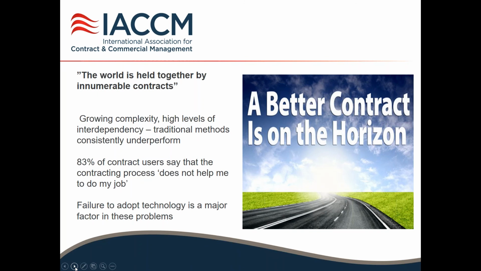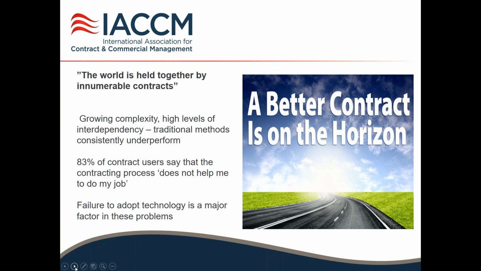There are a couple of big reasons for that. One is certainly that the users of contracts today can't actually understand them. Some 88% of contract users say that they find contracts difficult or impossible to understand. Clearly that is a major source of risk, particularly if you're relying on those users having to read the contract to know what they're trying to do.